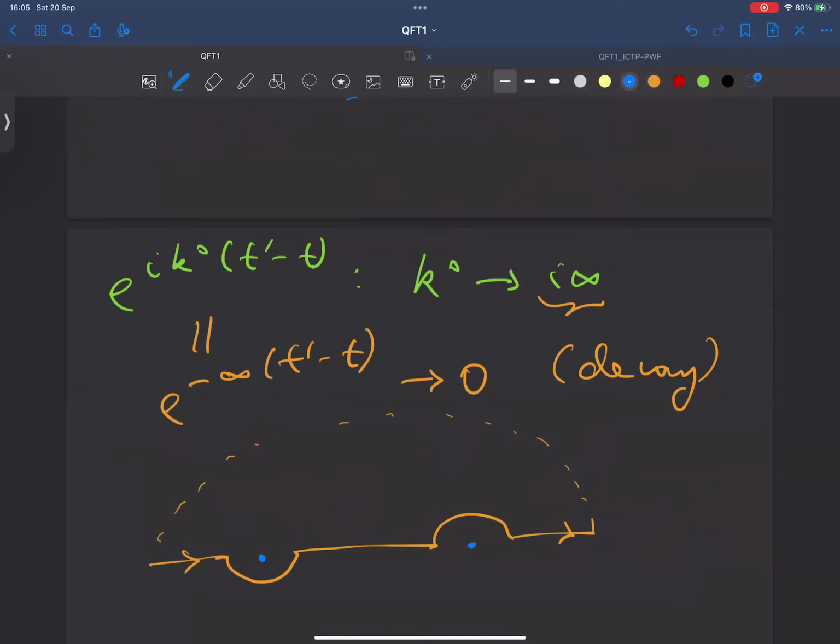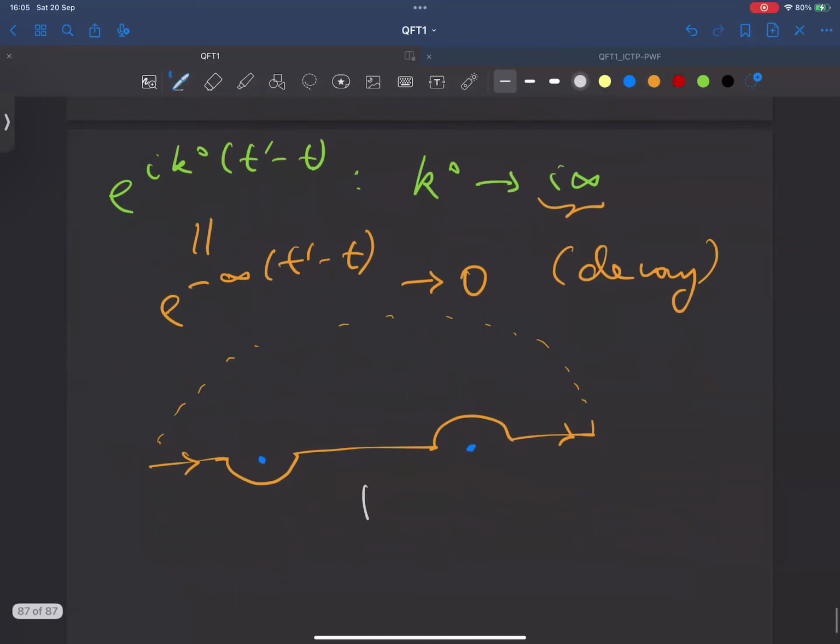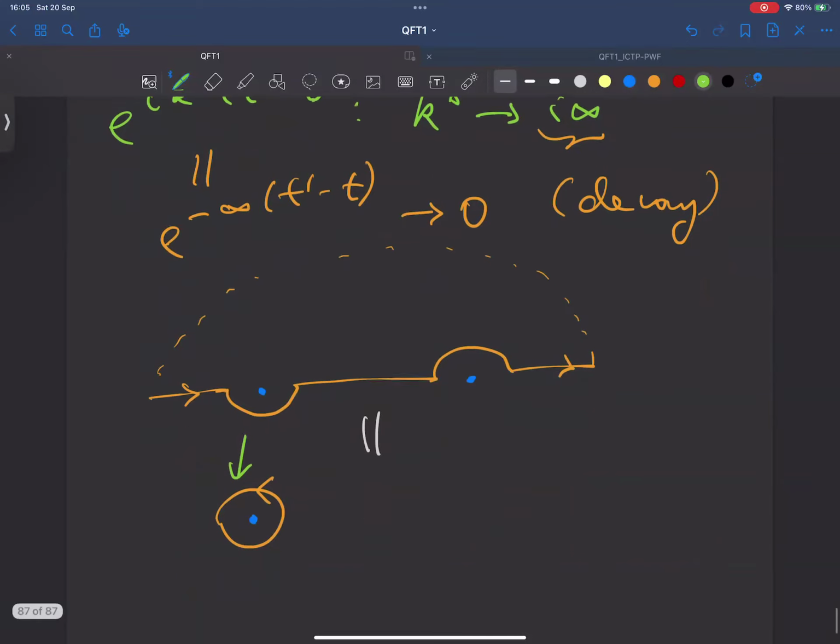So when you do the computation, you will encircle this pole. When you go in the upper half plane of the complex plane of k0, you encircle the negative pole.